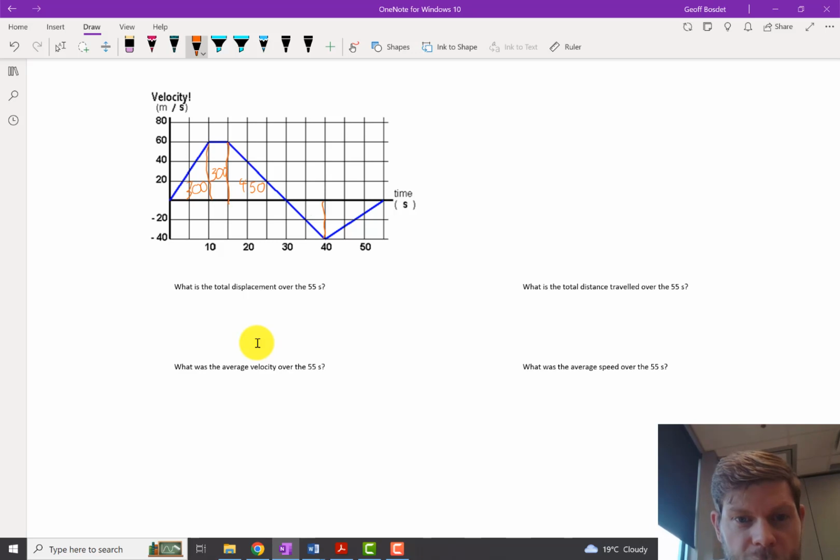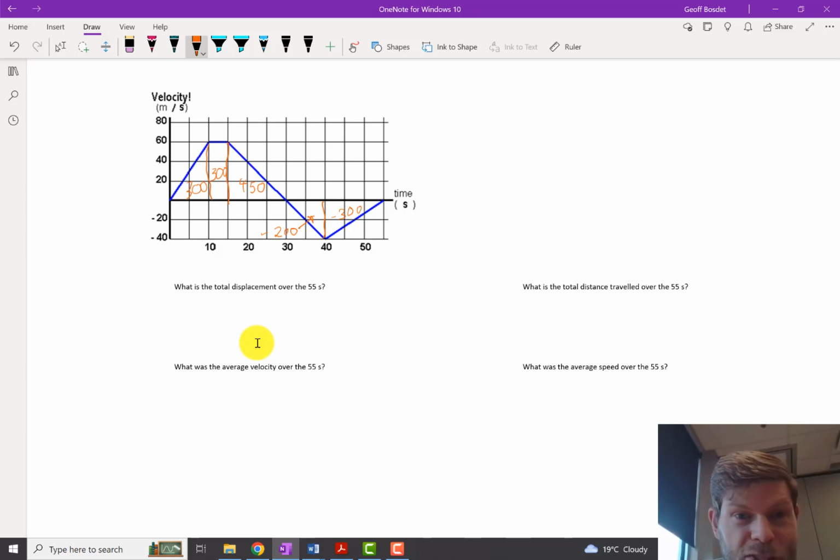So this will have an area of 40 times 10 divided by 2, which would be 200, or -200 rather. And right here, we've got a height of -40, a base of 15. So 40 times 15 divided by 2 is the same as 20 times 15, which is negative 300.